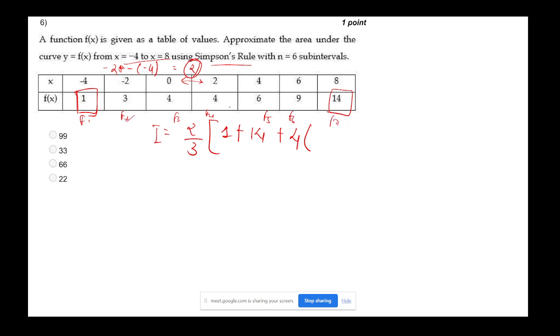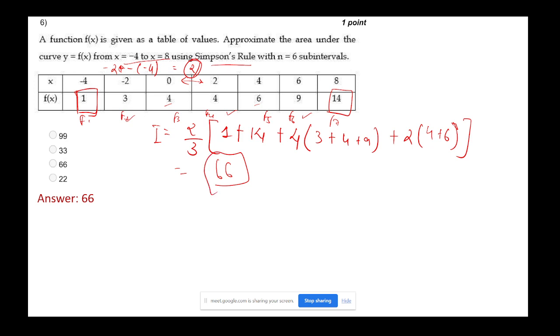So all the even terms you need to multiply with 4. So it will be 3 plus 4 plus 9 plus 2 into this will be 4 and 6 odds. So 4 plus 6. Now if you solve this, the answer will be 66. You can try it on your own. The answer will come out as 66.